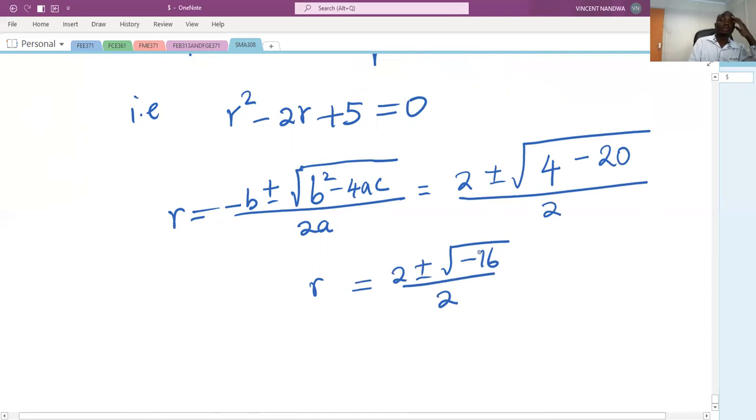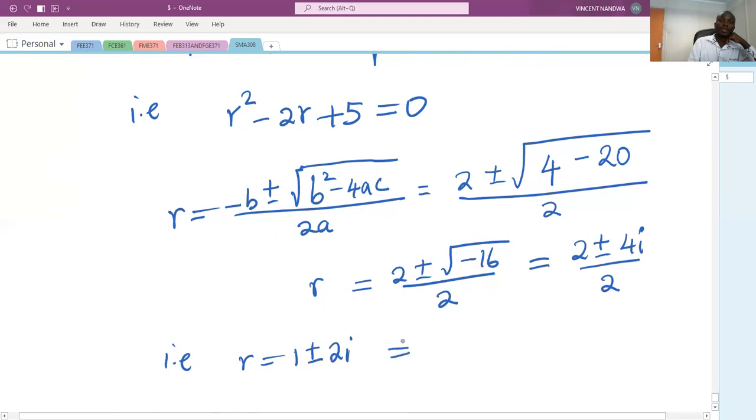These are complex roots. So this will be 2 plus or minus 4i divided by 2, i.e. r equals 1 plus or minus 2i. So which means you can say r1 is 1 plus 2i and r2 is 1 minus 2i. So this is a case where we have complex roots for the characteristic equation.